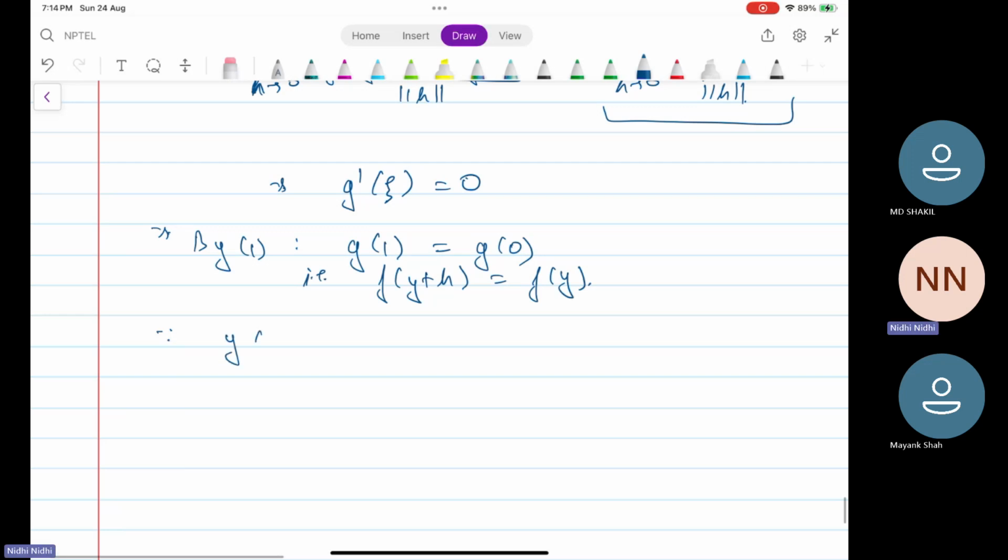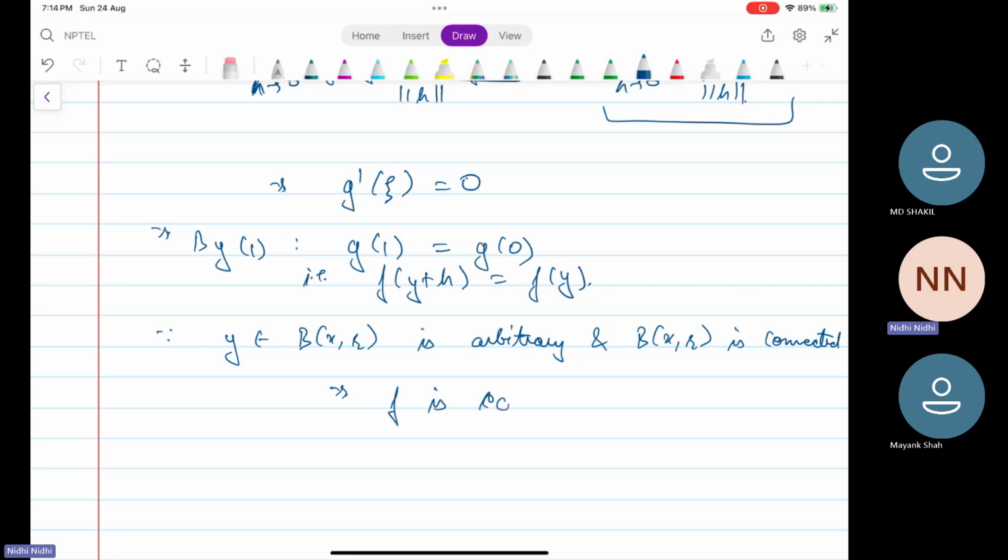Since y belonging to BXR is arbitrary and BXR is connected, f is constant.